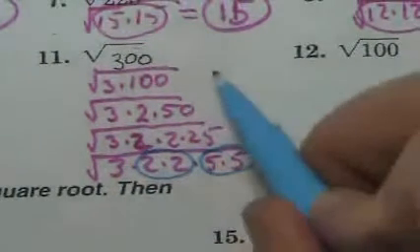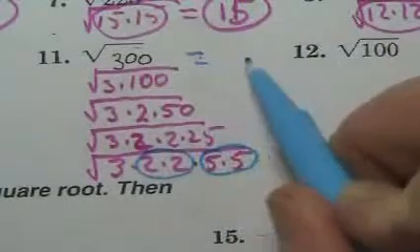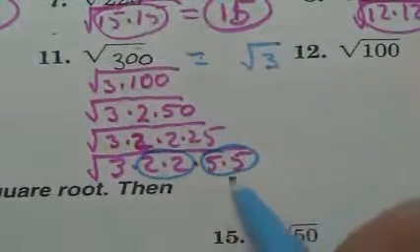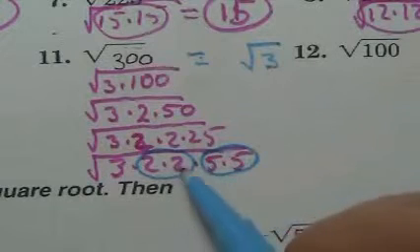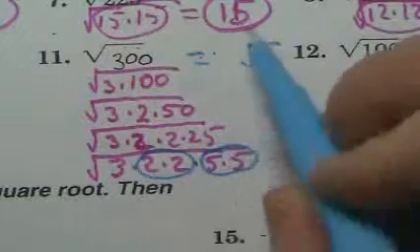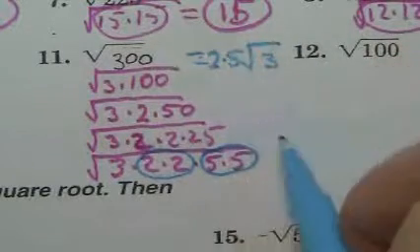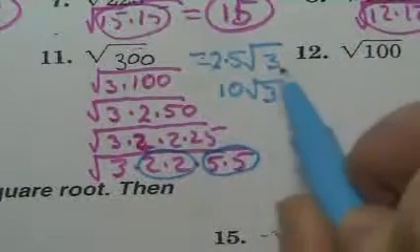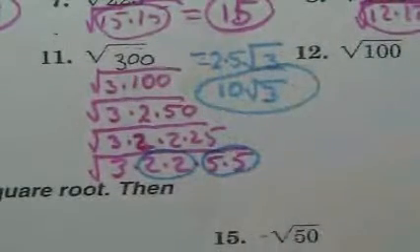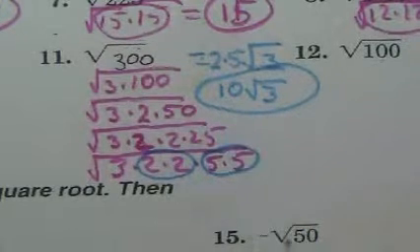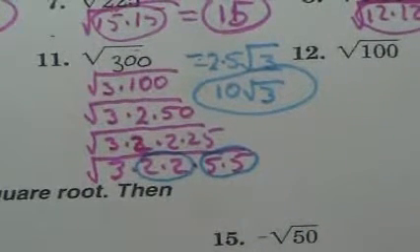So I'm going to have a square root 3 on the inside, and on the outside, I have a 2 and a 5. So my answer is 10 rad 3. Because a pair jumps out, a 2 and a 5, and you multiply those together, that's 10. Wow, that's a long one.